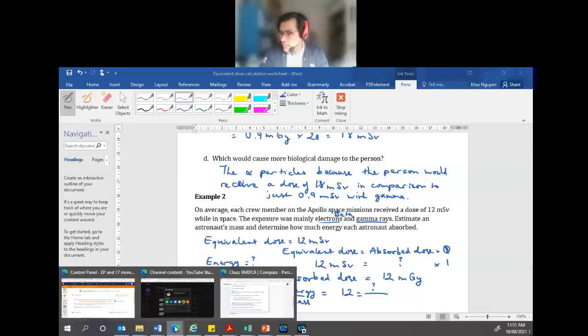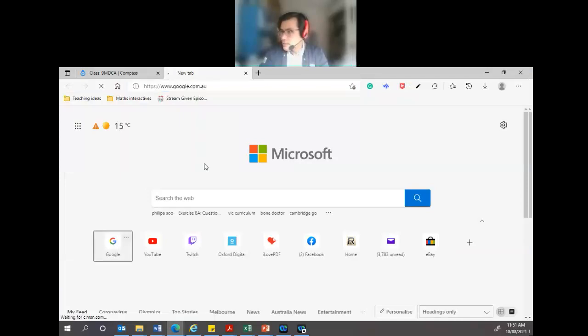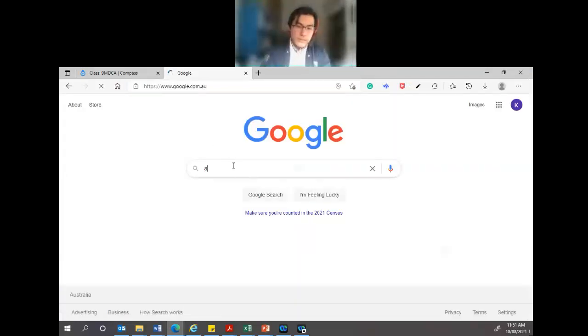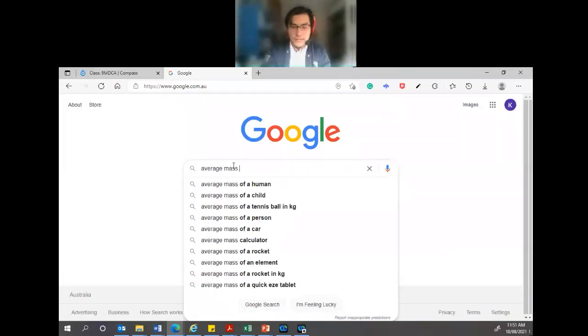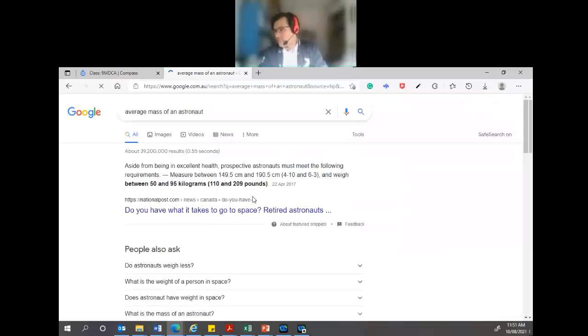And let's have a look at what an average mass of an astronaut is. Average mass of an astronaut. So they're between 50 and 95. Okay, this is medicine, and you need to do calculation when you deal with medicine.